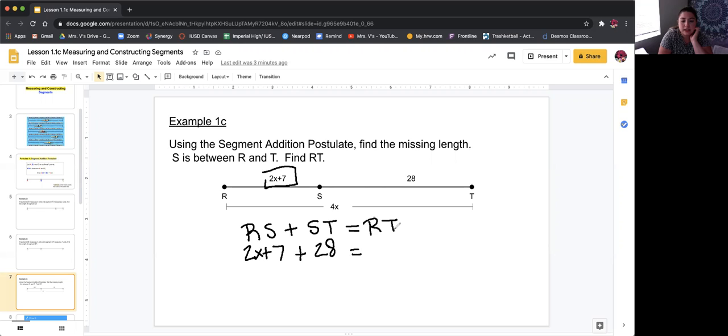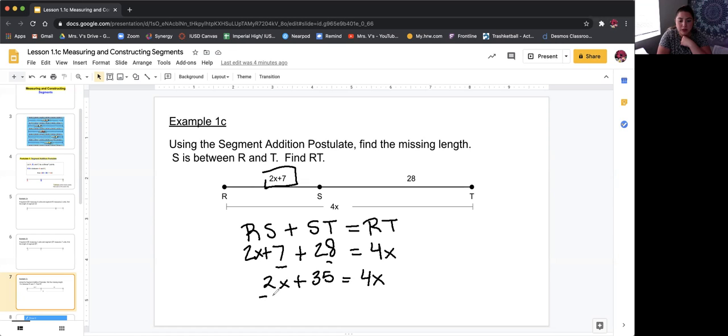And now our segment RT, R is here, T is here, so it's this entire segment, is equal to 4x. Now we've created an equation that we can simplify. On our left side, we have 2x plus 7 plus 28. I'm going to combine 7 and 28. So 2x plus 7 plus 28 gives me 35 equals 4x.